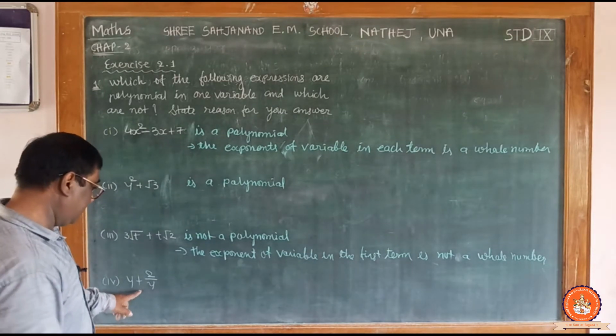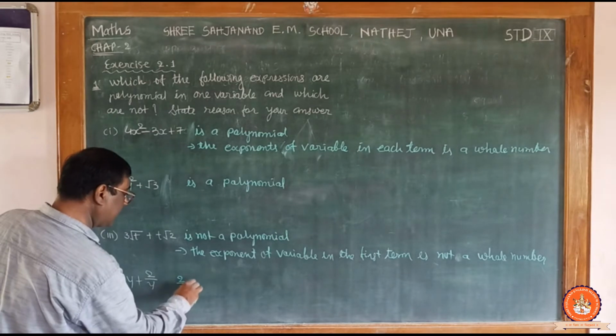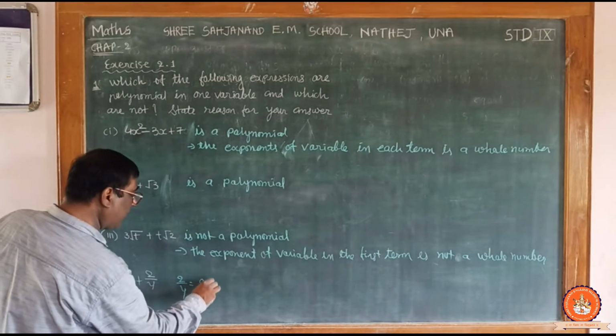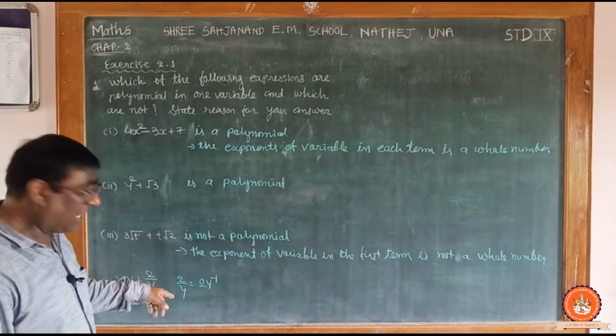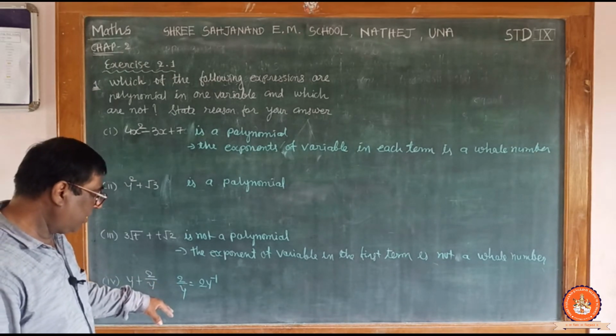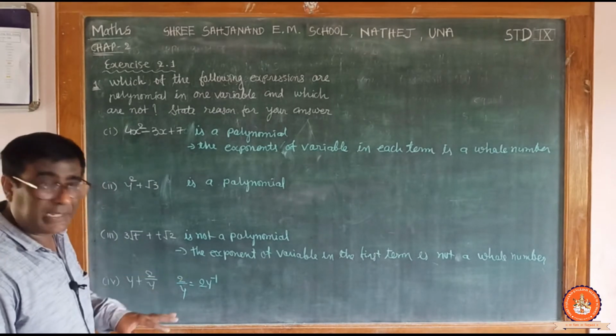See here, 2 upon y is equal to 2 into y raised to minus 1. If the variable is in the denominator, when we bring it to the numerator, its power will be negative.